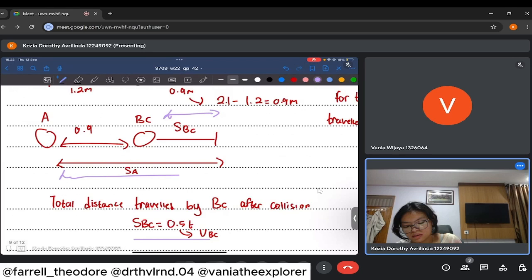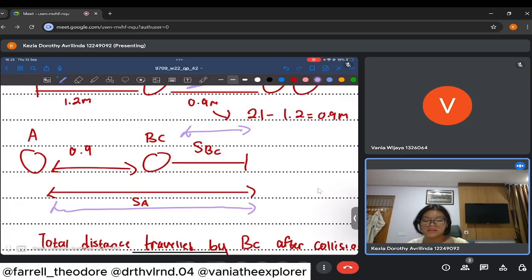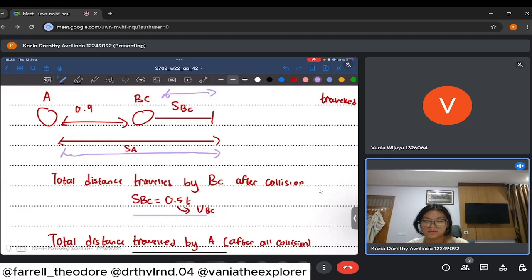Why? Because the question asks to find the time taken from the instant when B and C collide until A collides with the combined particle. And in the question, none of them has stated that any of these particles will stop moving. So of course these particles are still moving, but we don't know how much they're moving. That's why we use a substitution formula.